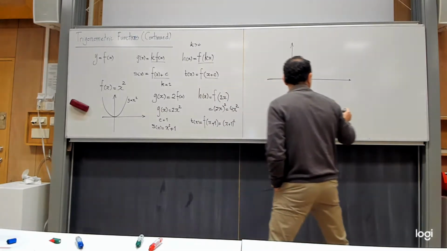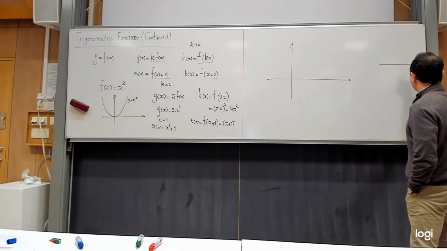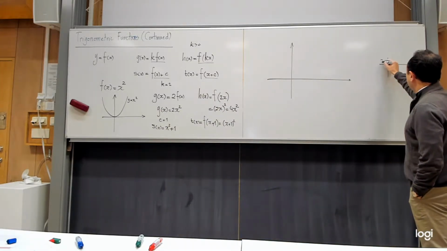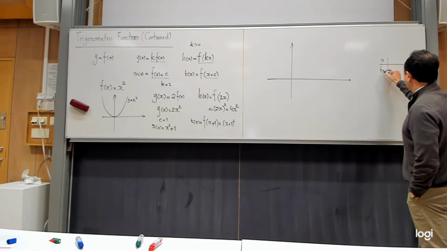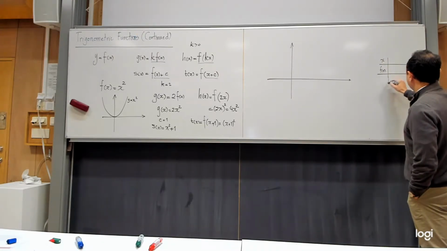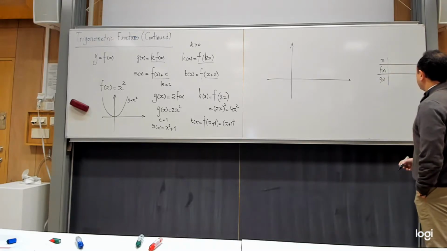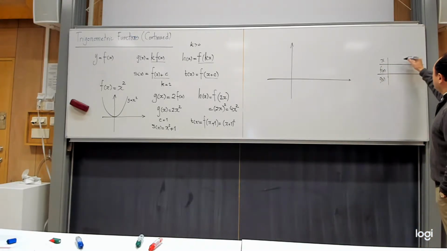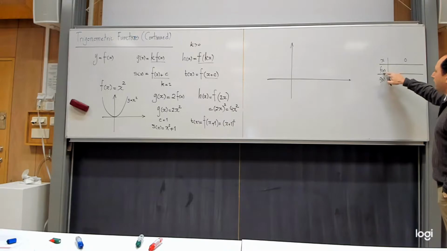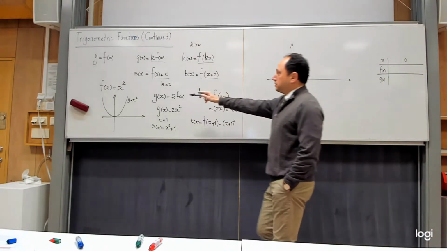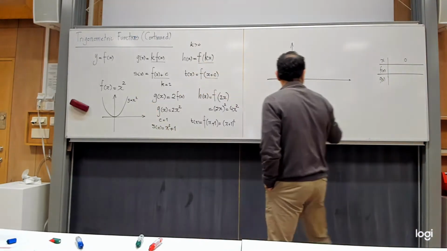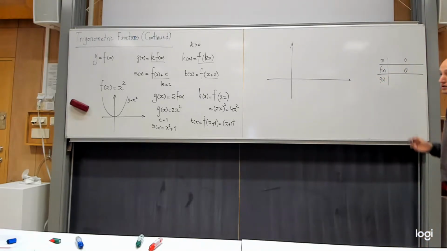If I ask you to draw the graph of f of x, for example, you might set up a table, x and f of x, and let me draw another line for g of x, because I want to compare. So, for example, if you put x equal to 0 in the function f, it becomes 0 to the 2, and then you get the answer 0. Yes?